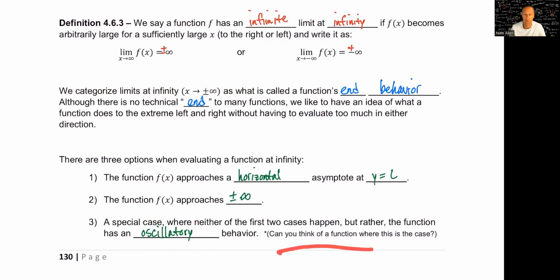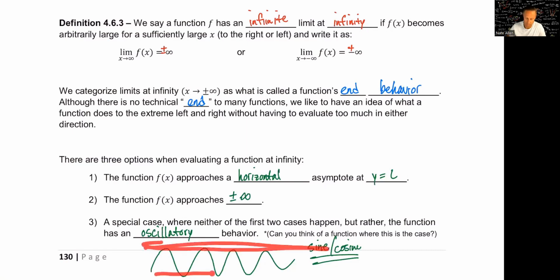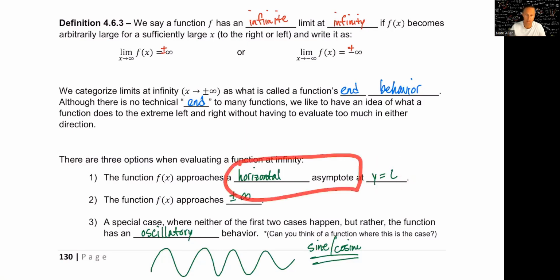Can you think of a function that you may have learned in the past that oscillates back and forth? How about sine and cosine? That just keeps pinging back and forth off of 1 and -1 or any amplitude stretch or compression. So there are special cases. It doesn't happen often, but most of the time it will shoot up or down forever or approach some y value we call a horizontal asymptote.